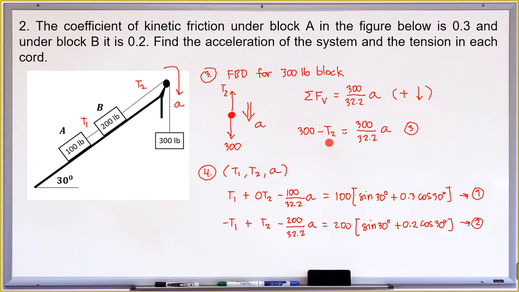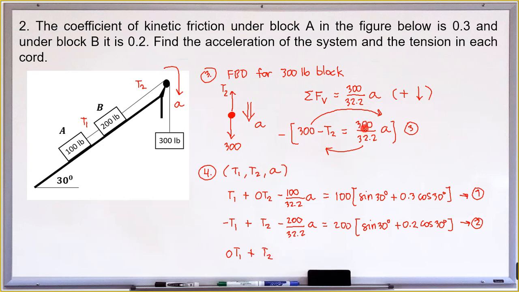On the third equation, we don't have T1 here, so 0 T1. Now, we can multiply both sides by negative and then transpose this one, and also this one. So the resulting would be positive T2, so plus T2.